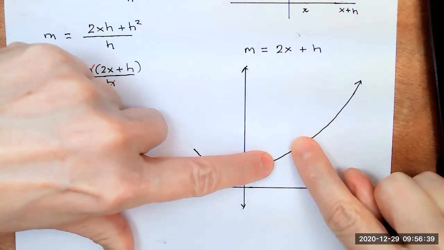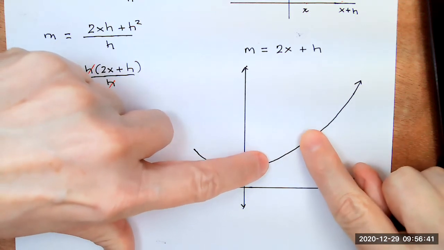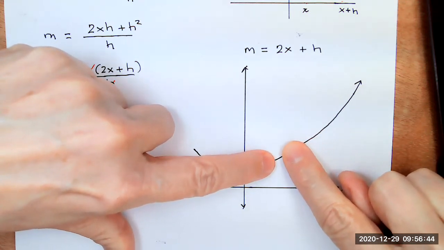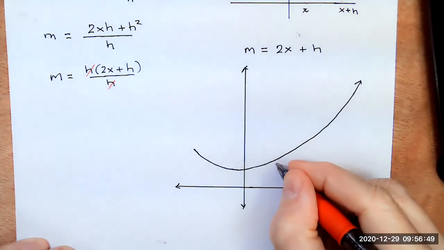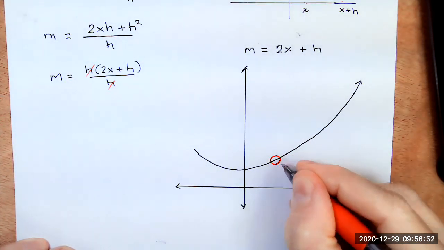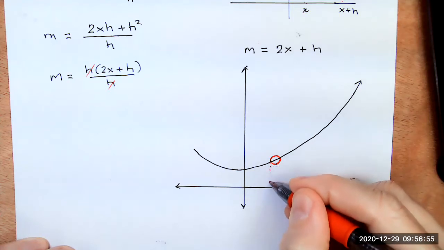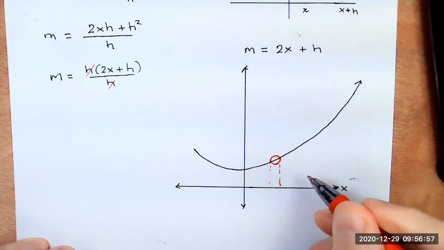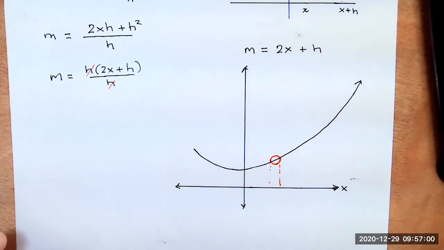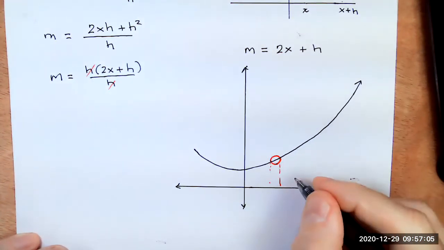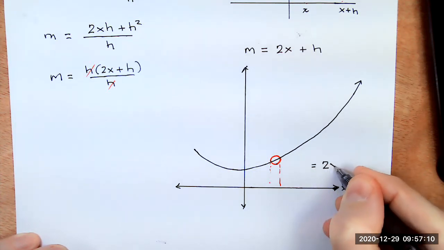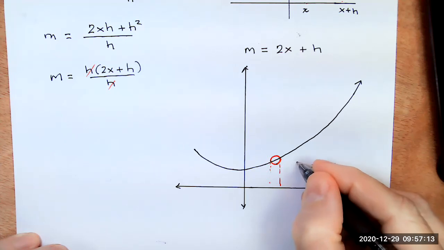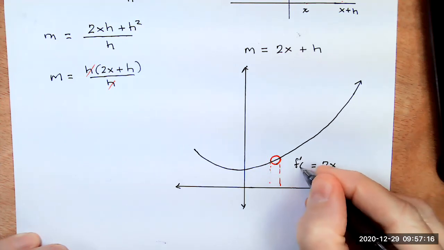So the idea is that we're finding the average rate of change for a smaller and smaller interval until that interval is infinitesimally small. So that means h would be going to 0. And the slope of that line for this particular function is going to be 2x. And that's called the derivative, and they use the notation f prime.